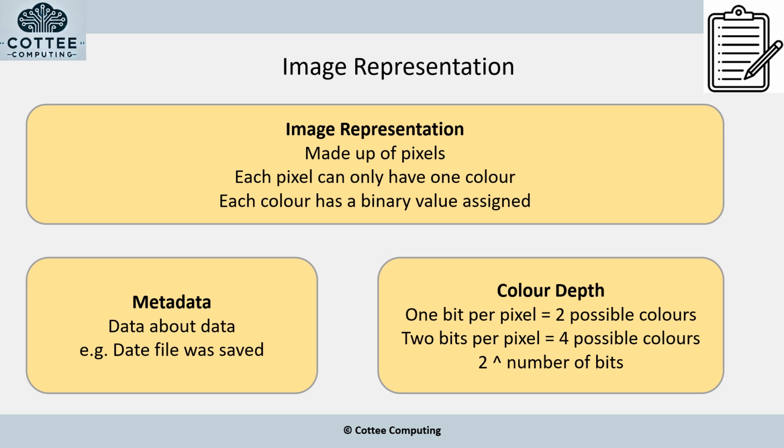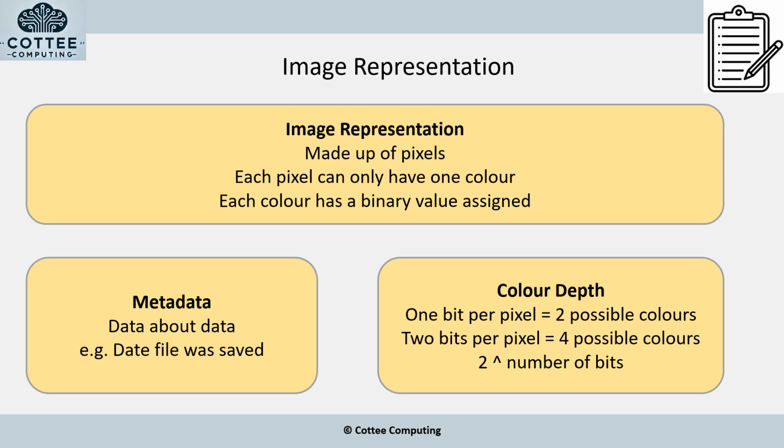So you've got 00, 01, 10, 11. That's 4 possibilities, 4 different colours. If you had 8 bits, so 2 to the 8, 255, that would allow you to store 255 different colours. So just remember that.